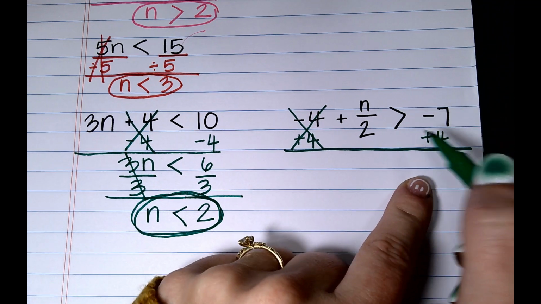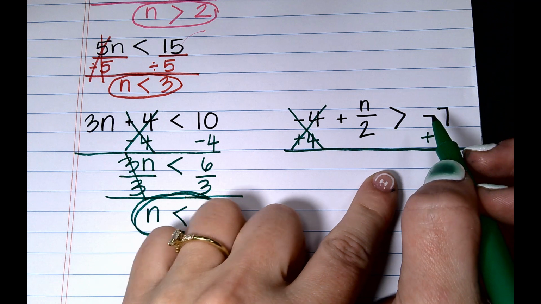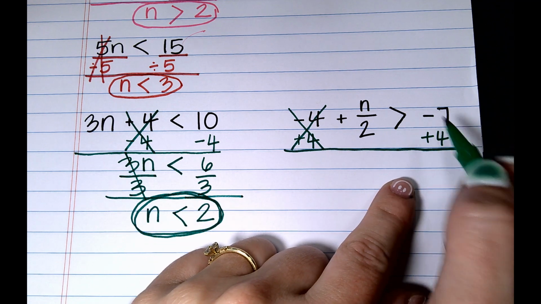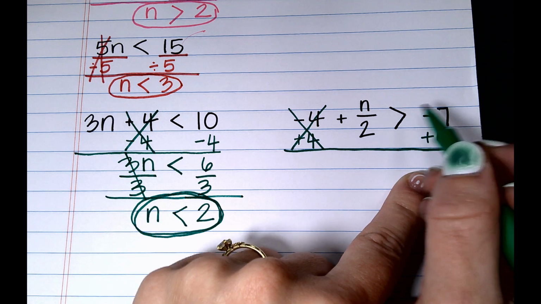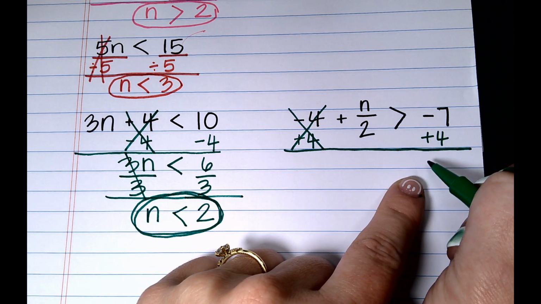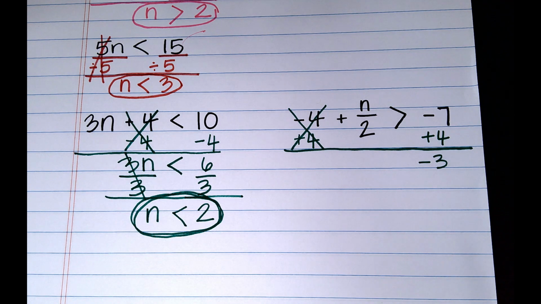If I have negative 7 and I add 4, I'm not crossing 0 yet. I'm still in the negatives, so we're really subtracting here. 7 minus 4 is 3, and 7 is the bigger number, so it keeps the negative. So, negative 3.